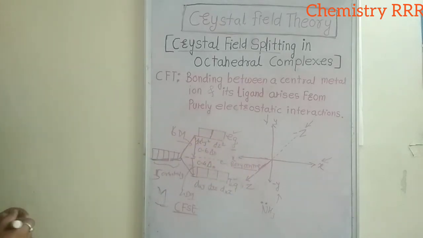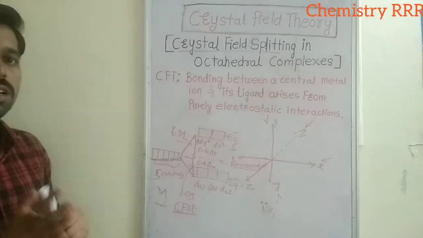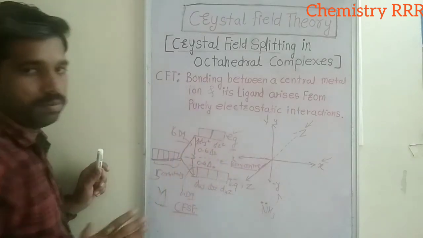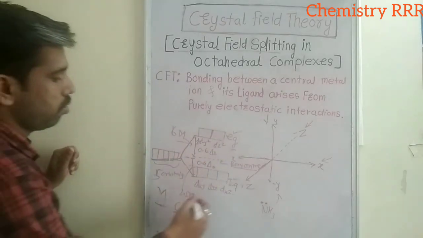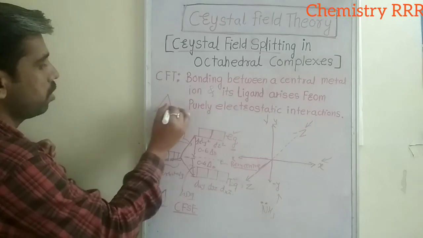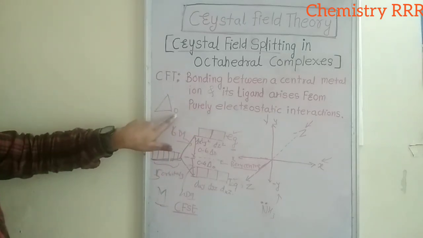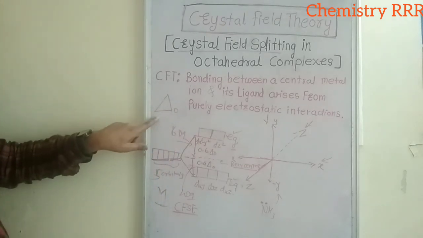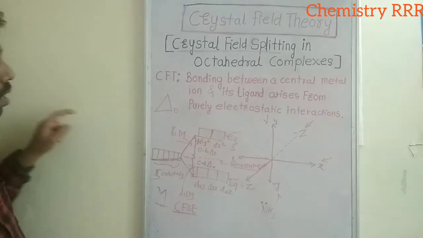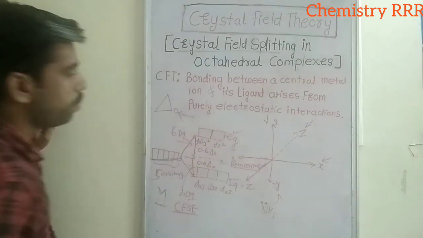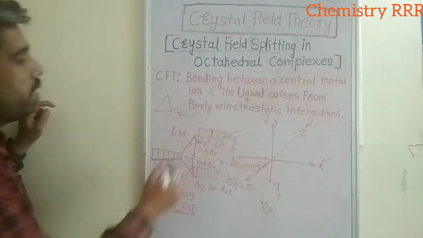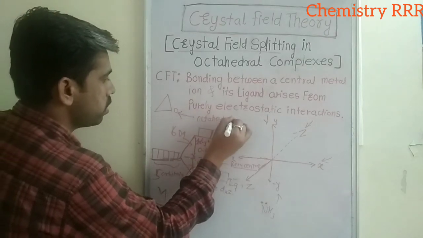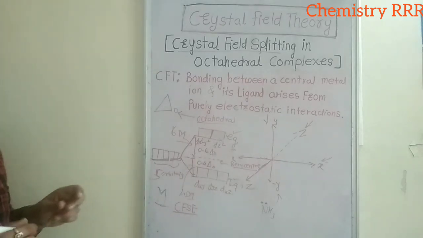Because in octahedral complexes there is a presence of a center of symmetry, so we can write g. Now what about del 0? It's not del 0. Delta means crystal field splitting energy, and this O is not a zero, it is an O representing the octahedral complex.